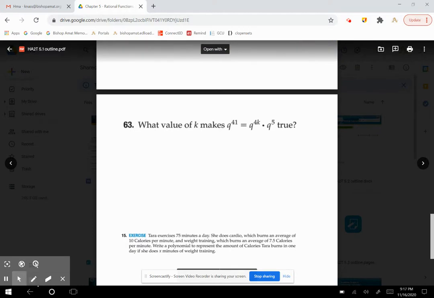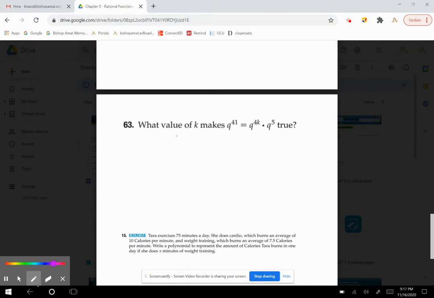Let's look at 63. So this one's interesting. It says what's the value of k if you have this equation? All right, so we know that q to the 40, we have q to the 41 equals q. When you multiply two variables, what do you do to the exponents?